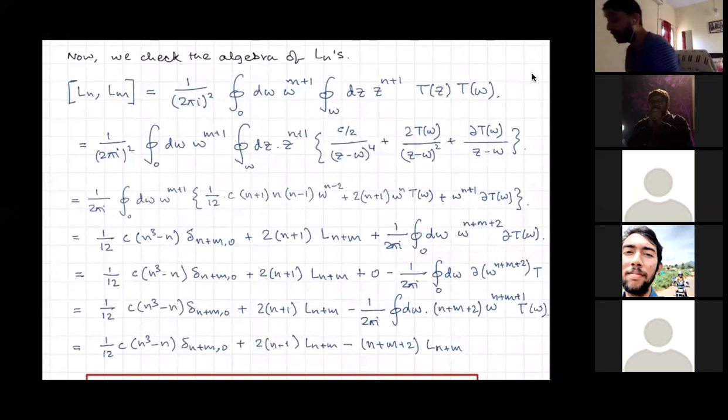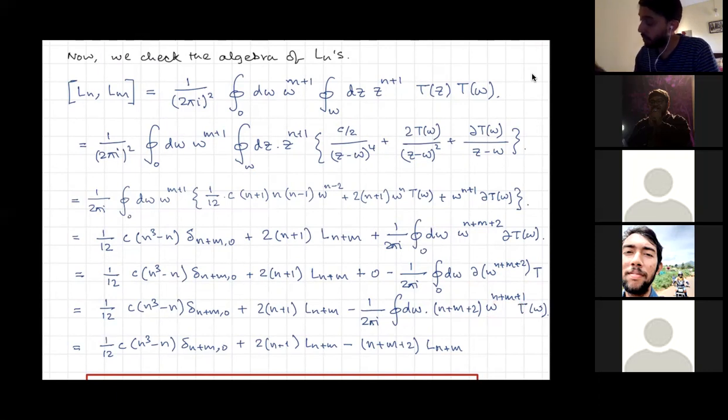So you have to integrate by parts. In that case, the first term is just a total derivative, which gives you a 0 here, and the other one is a del acting on this omega factor and T. So when the dust settles, it's straightforward to see that this n plus m plus 2 is a term that will be pulled down, and you're going to be left with omega to the n plus m plus 1.